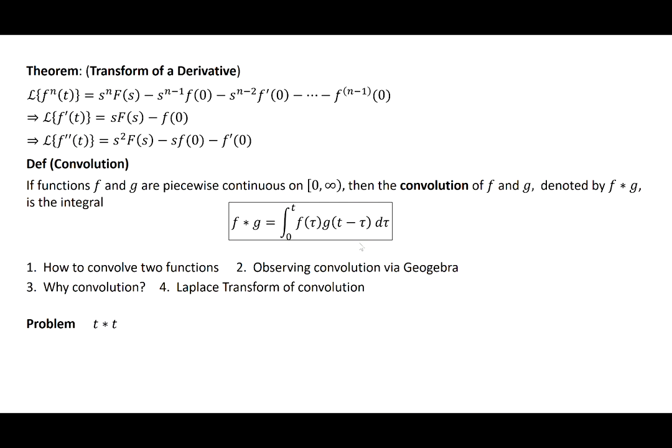As simple as that. Cool. If g of t is equal to t, what is g of t minus tau? t minus tau. So, no big deal. This thing is fairly straightforward. You need to evaluate this particular definite integral 0 to t of tau times t minus tau d tau.